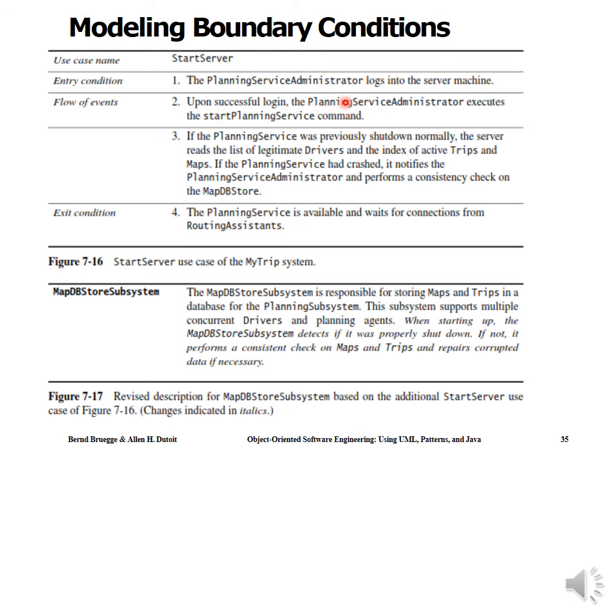The server administrator being logged in to the server is the entry condition for this use case, the flow of events is given, and then the exit condition is that the planning service is available and waits for connection from the routing assistant, that is your other subsystem.